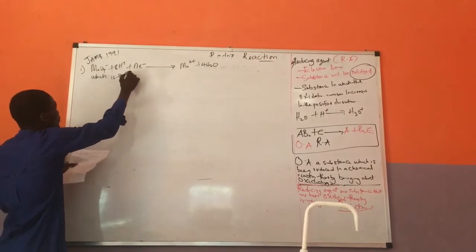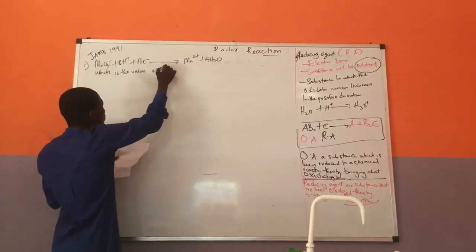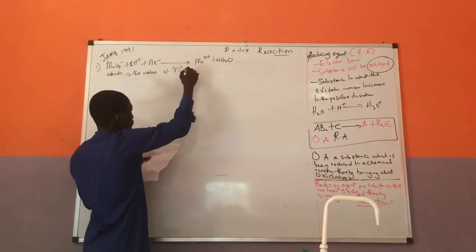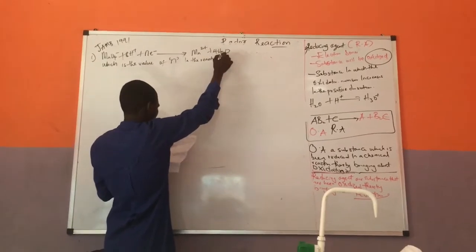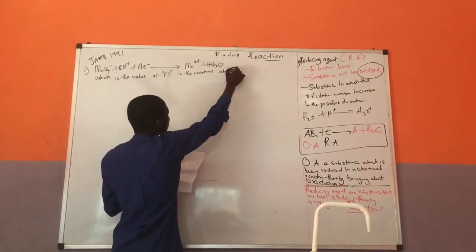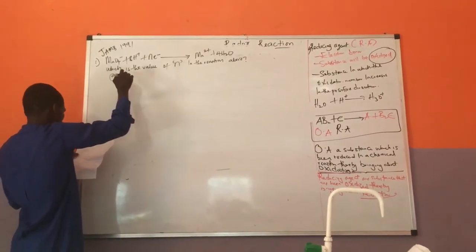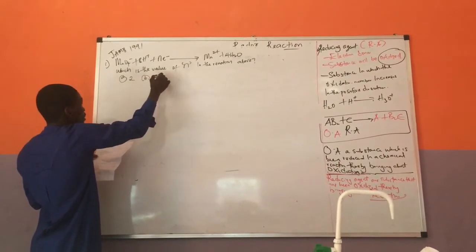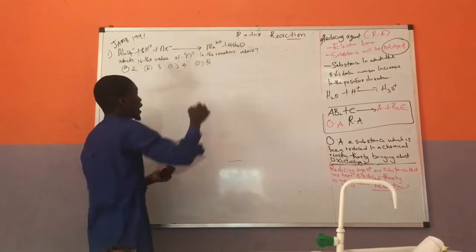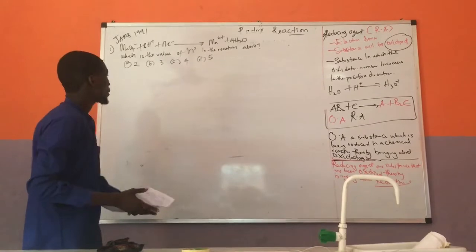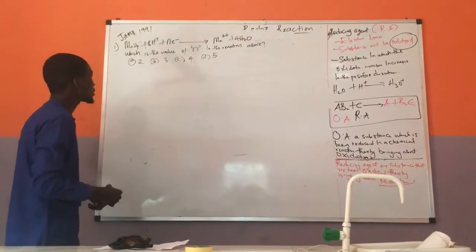Which is the value of n in the reaction above? A, I have 2. B, 3. C, 4. D, 5. So what is the value of n in this equation?